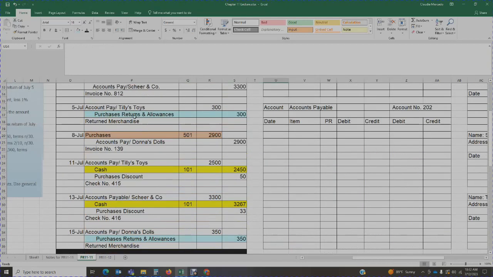We're going to start off with the one dated July the 5th. Remember, when you transfer the information from your journal to your ledger, it has to be in date sequence. You have to go in chronological order by date, the first transactions that happen and then the ones that follow. So here we have July 5th as the first transaction for $300.